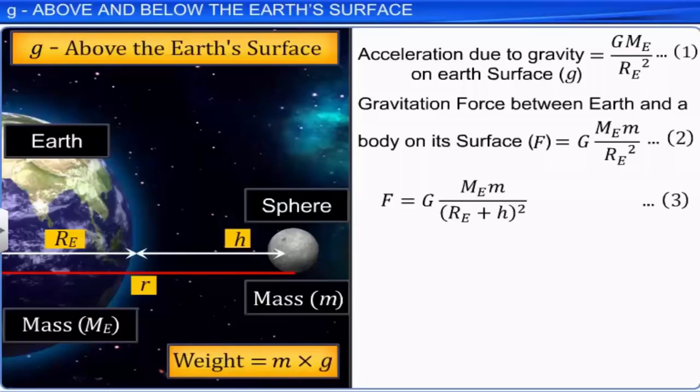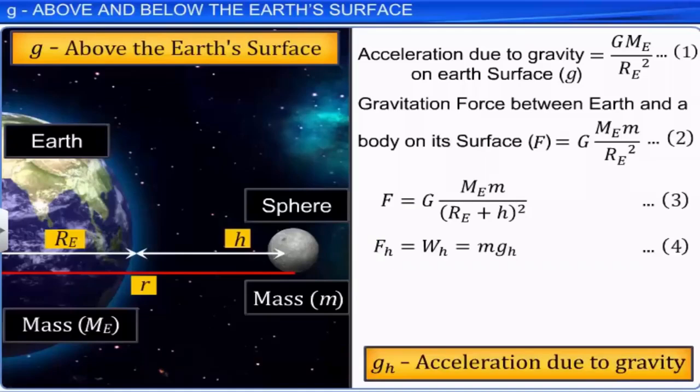Fh equal to Wh, which is equal to m into Gh. In this equation, Gh is acceleration due to gravity at a given height from the surface of the Earth. We can obtain acceleration due to gravity at a given height by equating 3 and 4. Let this expression be equation 5.